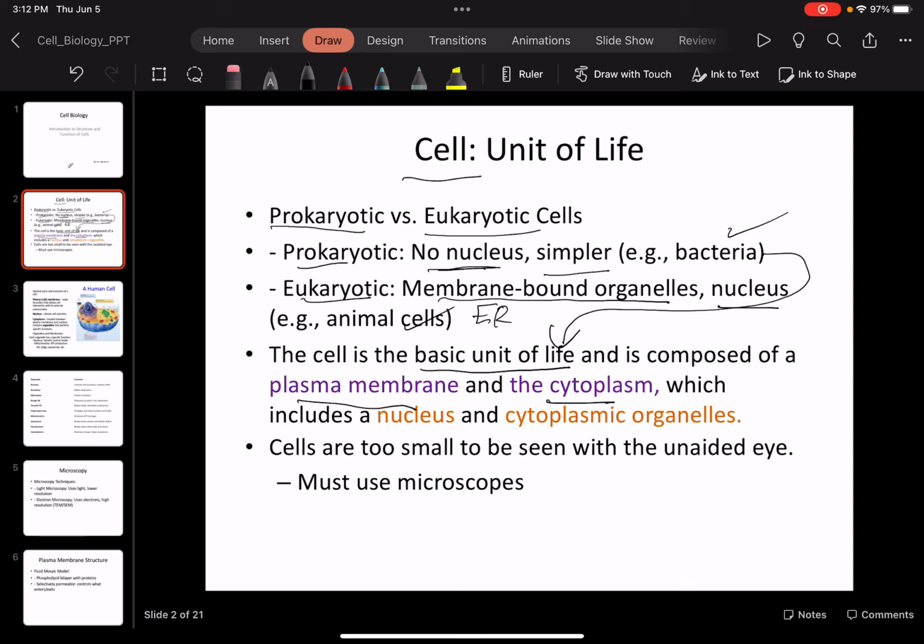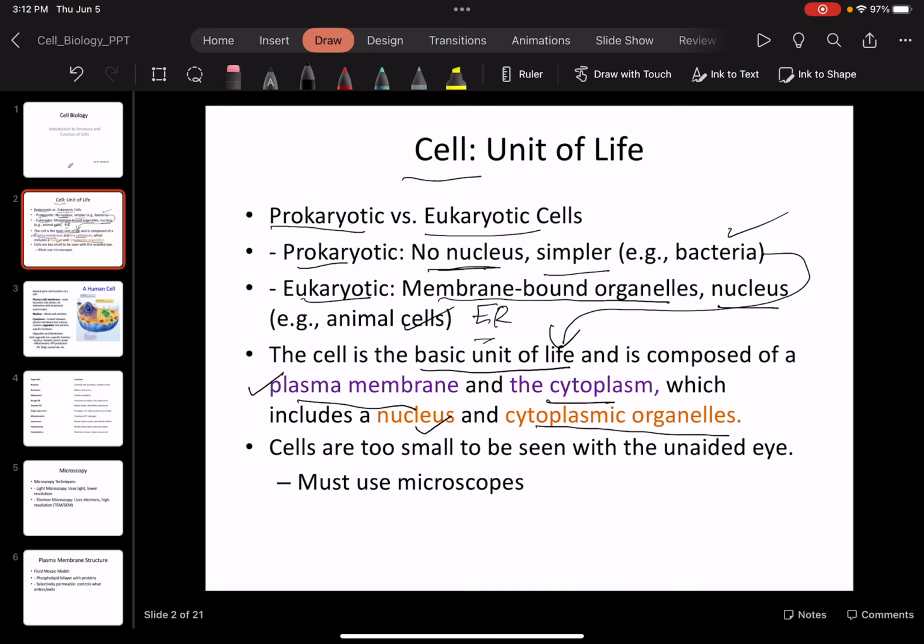For example, some bacteria have a cell wall, plant cells have a cell wall, but they do have the plasma membrane and cytoplasm. Eukaryotic cells include the nucleus and cytoplasmic organelles, for example the endoplasmic reticulum I gave. Another one is mitochondria, ribosomes. Those are the examples.